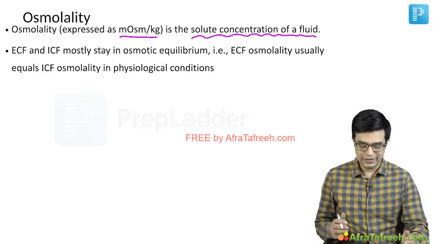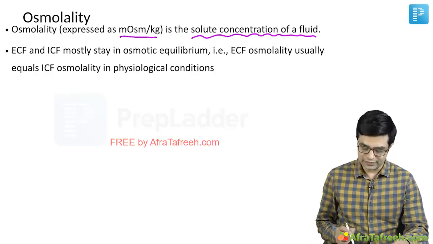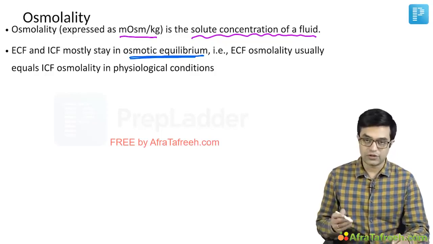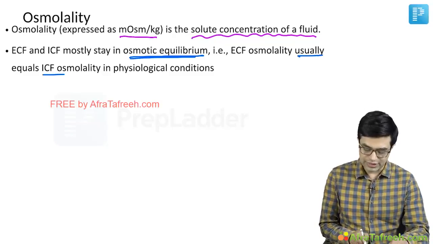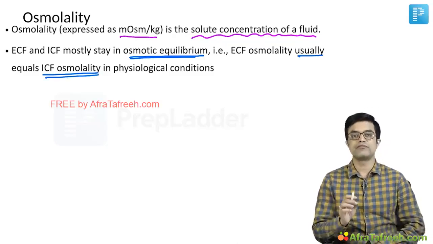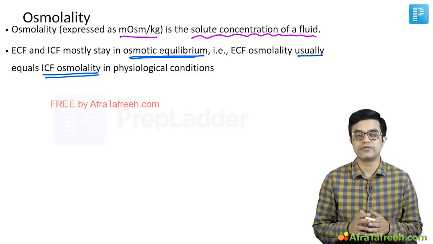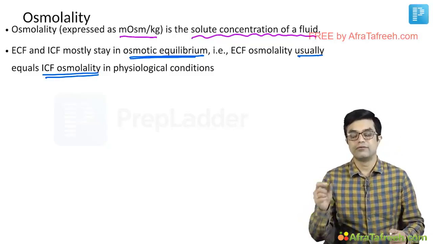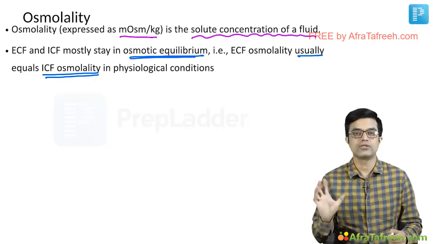Normally it is seen that ECF and ICF mostly stay in osmotic equilibrium. That is, ECF osmolality usually in physiological conditions equals the ICF osmolality, and the major reason for that is, although the concentration of ions is different across the two fluid spaces, the water tends to move freely across the two spaces.